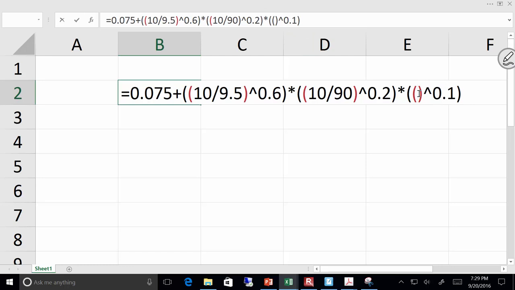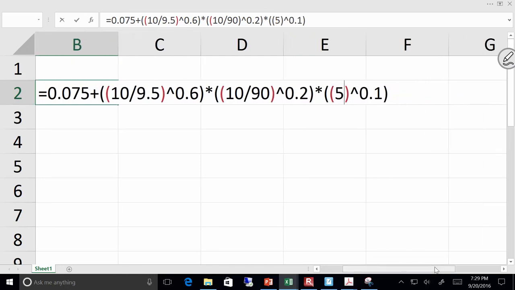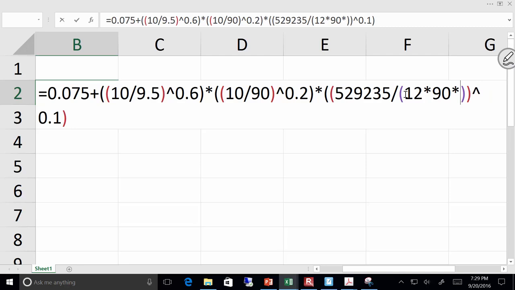What was kg again? 5,29235 divided by a quantity. And that quantity was 12 times L, which is 90, times 8 cubed, right?